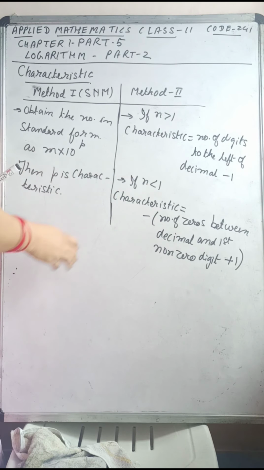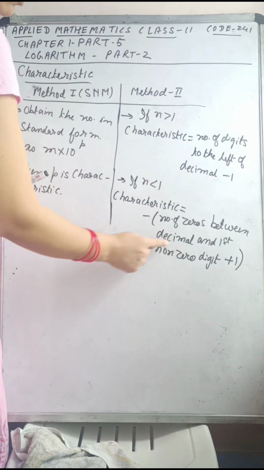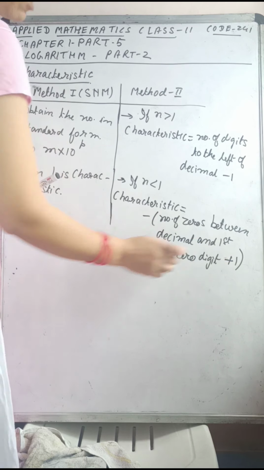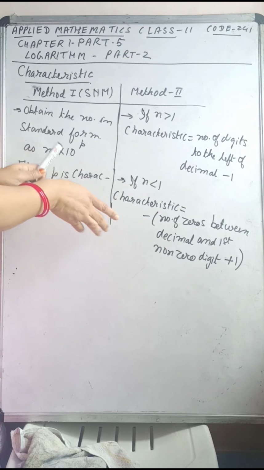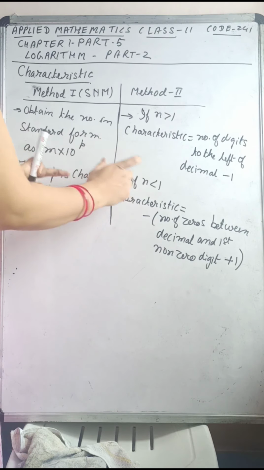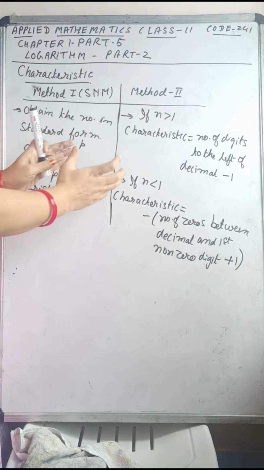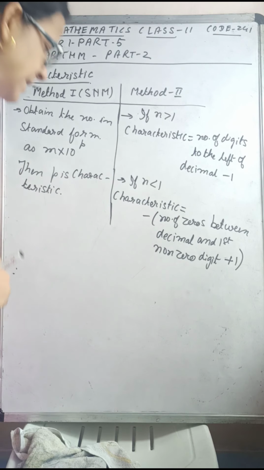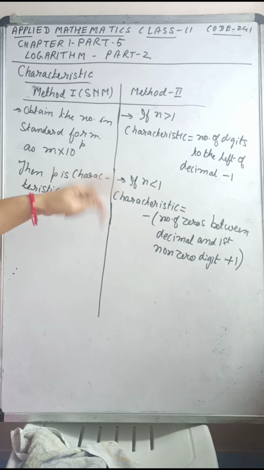And if n is less than 1, then characteristic equals minus of the number of zeros between the decimal point and the first non-zero digit, plus 1. So obviously the characteristic will be negative. I will explain two examples, and in those two examples I will find the characteristic with the help of both method 1 and method 2. Let us take the first example in which n is greater than 1 and the second example in which n is less than 1.